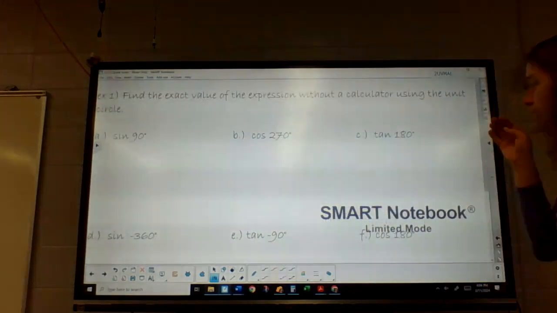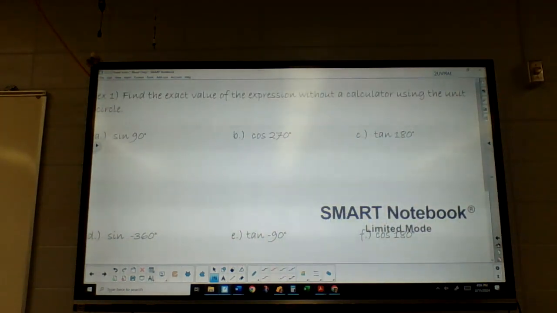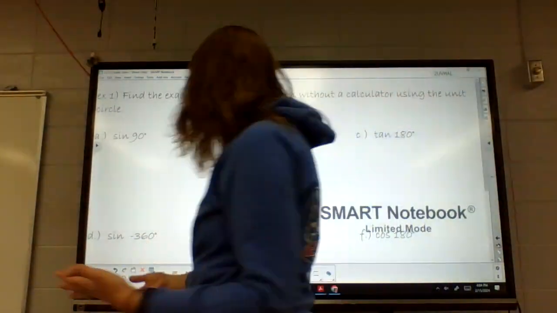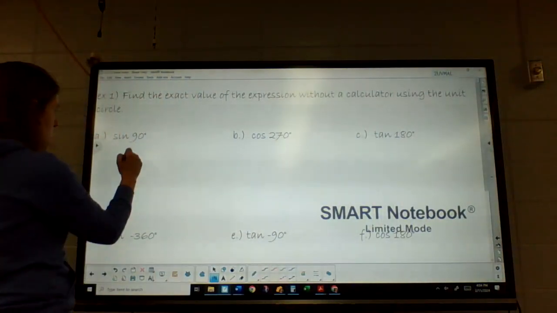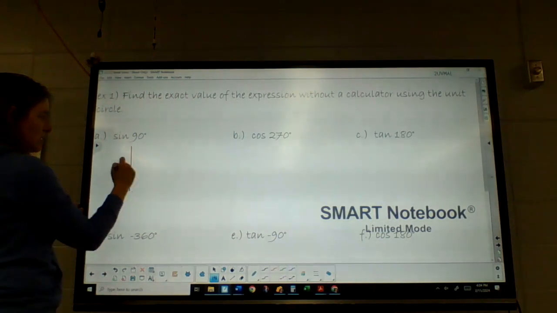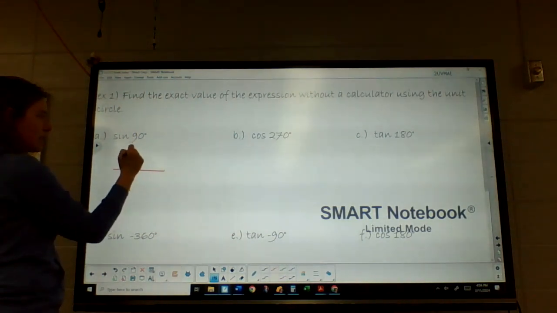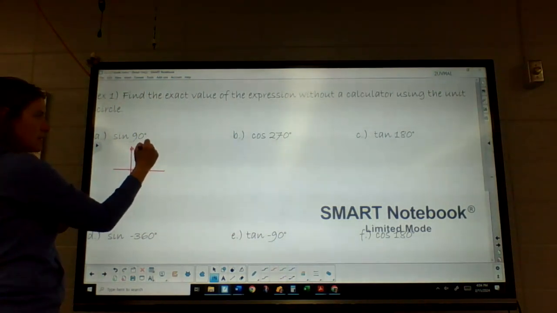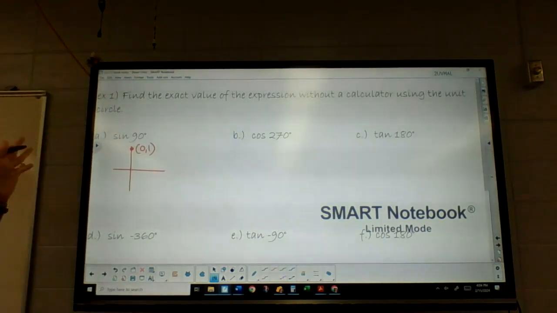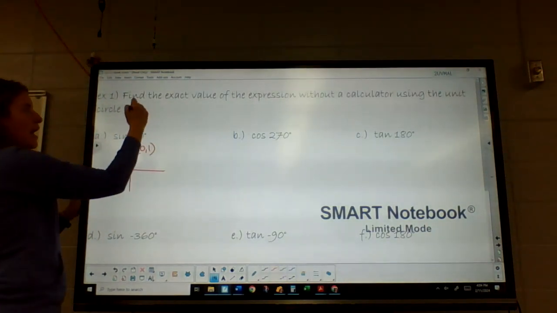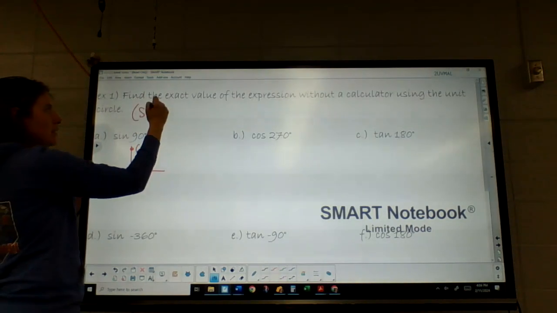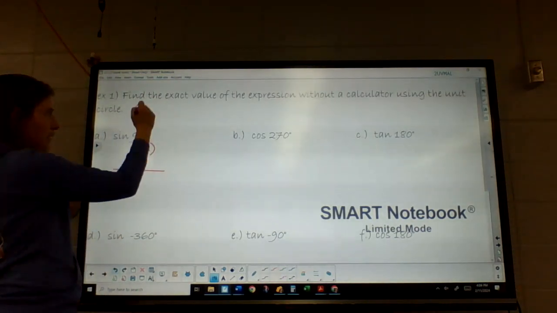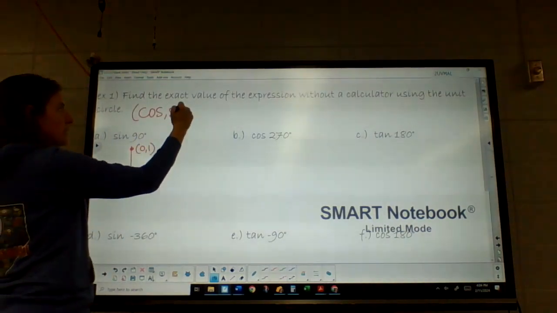Okay. So again, doing some practice with this, I kind of just did a lot of these for us, but as we're going through this, what I essentially would do, so sine of 90, so 90 degrees is here. So that is 0, 1. I don't go left or right at all, I just go up 1. And it goes cosine comma sine.